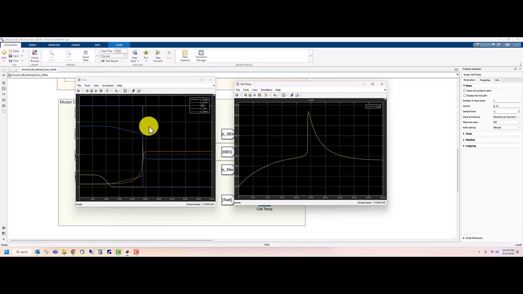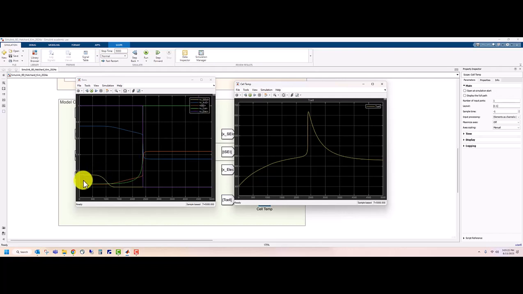If we look at the X values for each decomposition reaction, we can see SEI decomposition starts at 0.15 and drops to 0. Anode electrolyte starts at 0.75, it starts dropping, but it doesn't fully reach 0. That reaction actually slows to a great extent because the thickness of the SEI layer, which is the orange line, increases rapidly, and if you remember, as that value increases, the rate of reaction for anode electrolyte decreases.